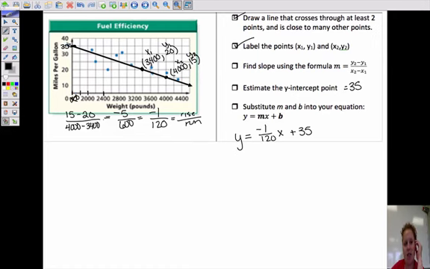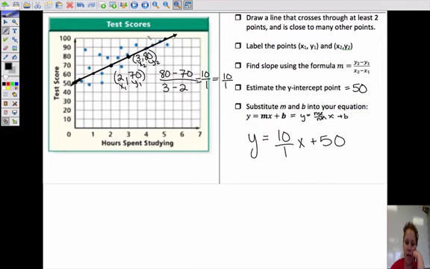And that one doesn't really make sense because a car can't be 0 pounds. But there's still going to be some mathematical start value for fuel efficiency. Okay, so this equation was actually wrong, but it doesn't really matter for our purposes. And then finally the test score, so that means when you study 0 hours, you would still expect to get, our y-intercept was 50, so you'd still expect to get 50% just from what you learned in class.